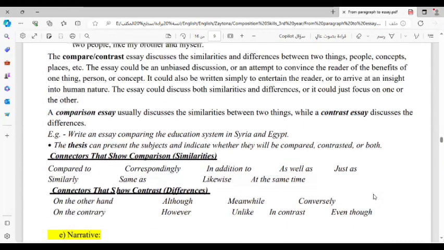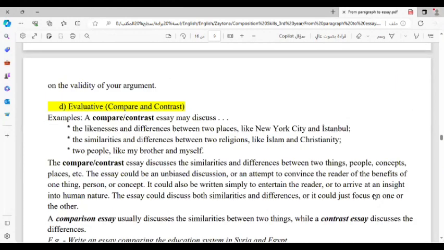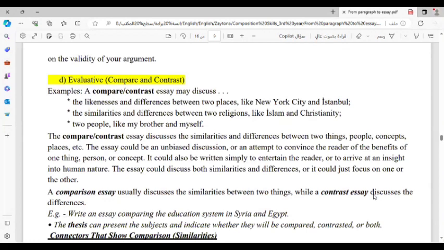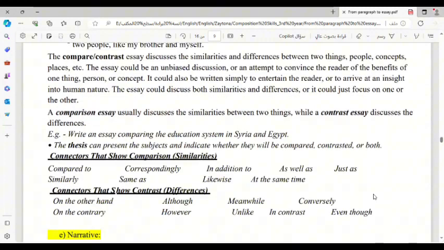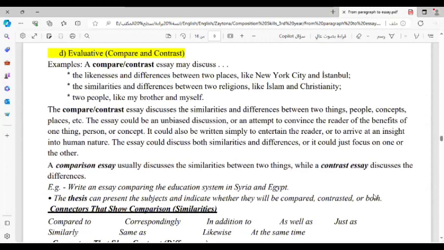Do you have any questions concerning the evaluative, compare, and contrast? No, it's clear right now. Okay, so you need to focus on the difference when I say compare essay or contrast essay. Compare or comparison, the same meaning.